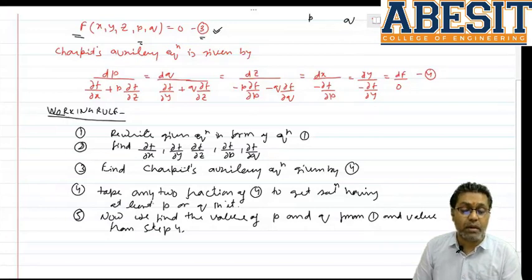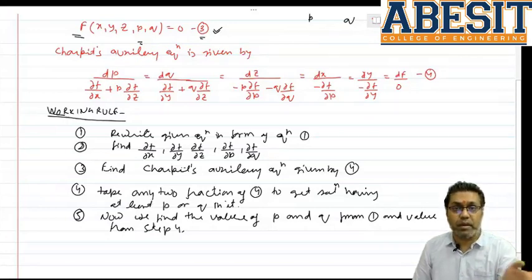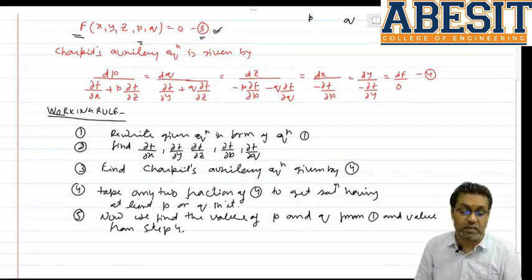If we get P from here, we put the value of P in equation number 1 to get the value of Q. If we get Q here, we put this value of Q in equation number 1 to get the value of P in terms of the rest of the variables.